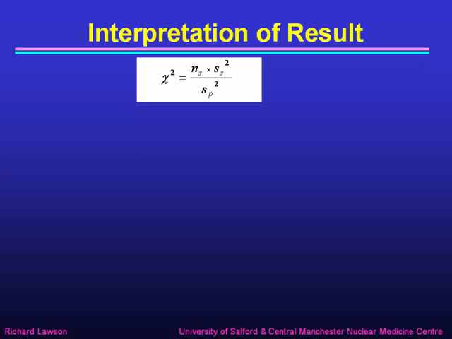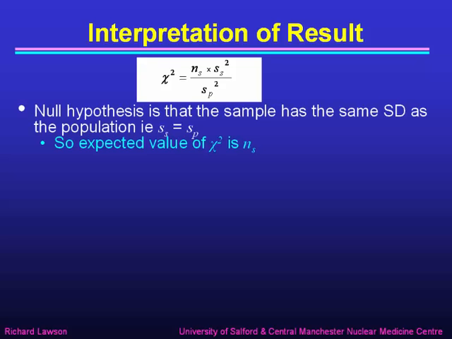To interpret this result, we have chi-squared is NS times SS squared over SP squared, and the null hypothesis would be that the sample has got the same standard deviation as the population. The width of both distributions is the same. That means that SS, the sample standard deviation, is equal to SP, the population standard deviation.